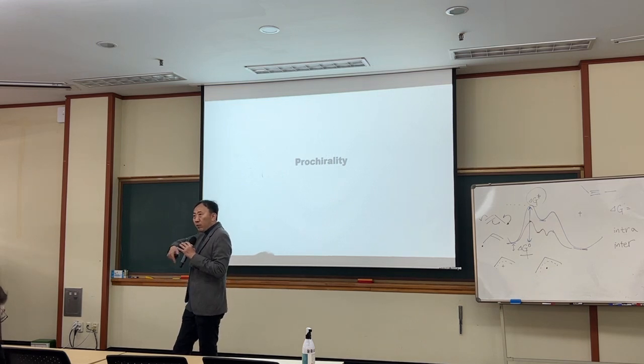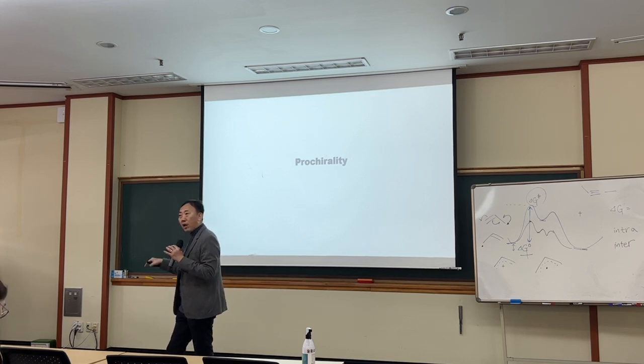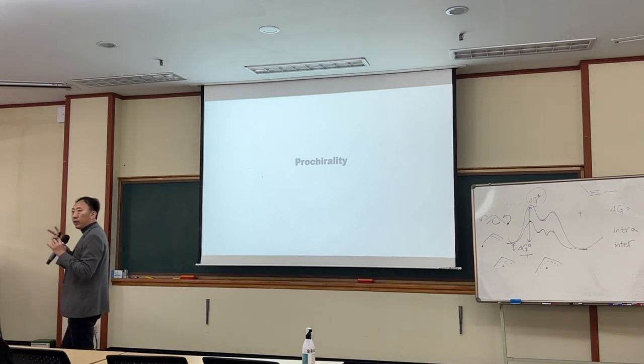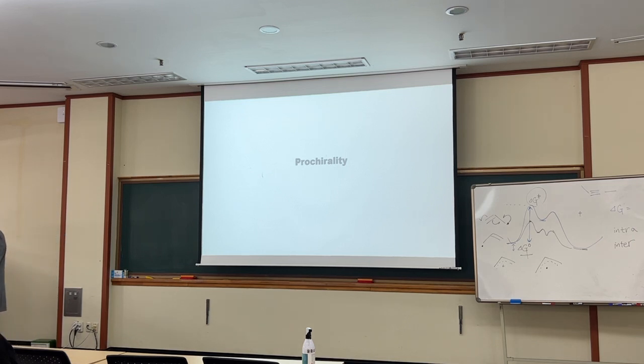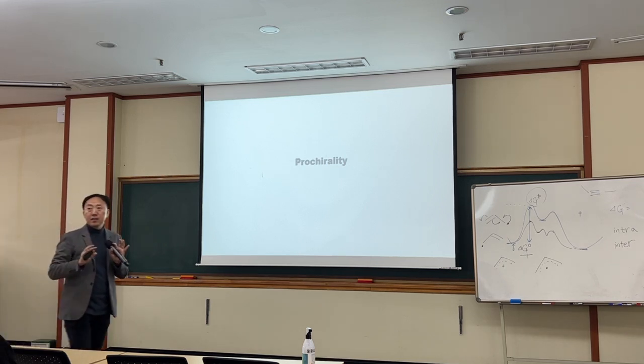You can define those by rotation. Prochiral positions are defined as pro-S and pro-R. Those are two definitions to figure out which is which. If there is a chiral center nearby, the two prochiral centers are different. That's why it is important for chirality considerations.